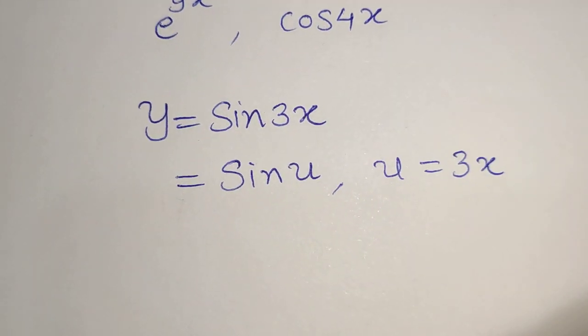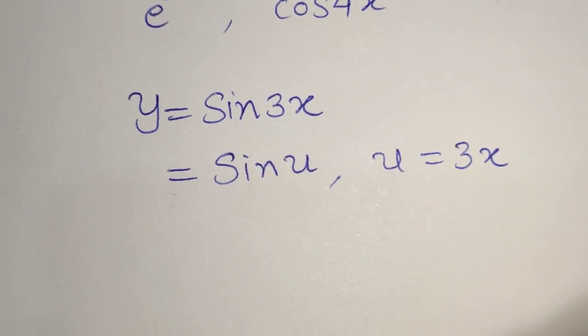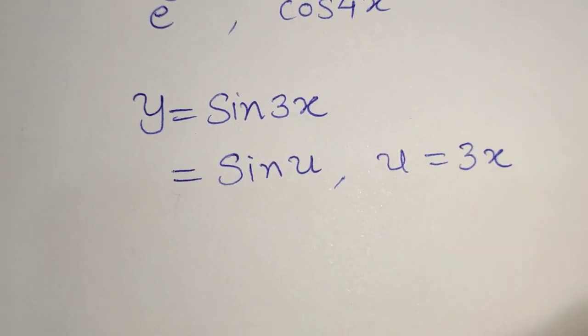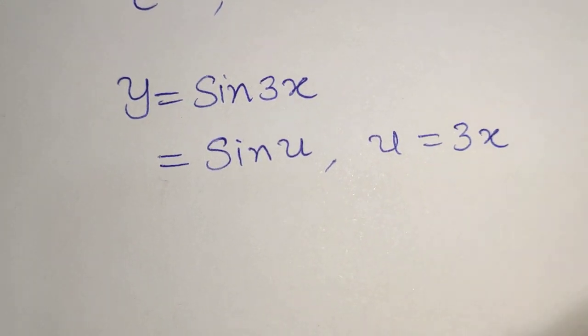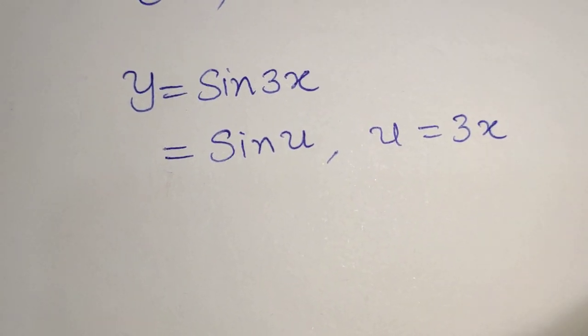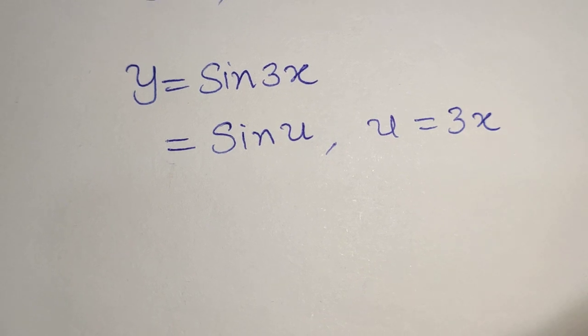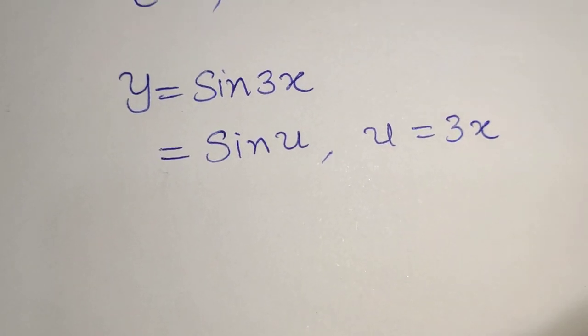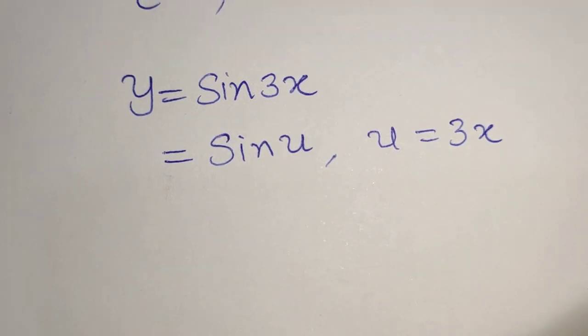The derivative of sin x is cos x. The derivative of sin u is cos u, if we are differentiating with respect to u. So here a new variable is introduced in place of x.